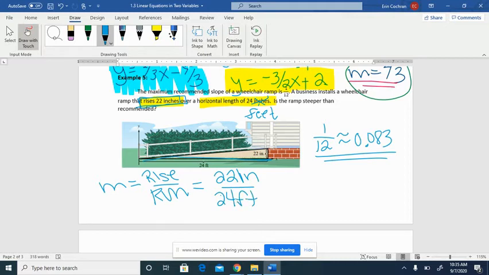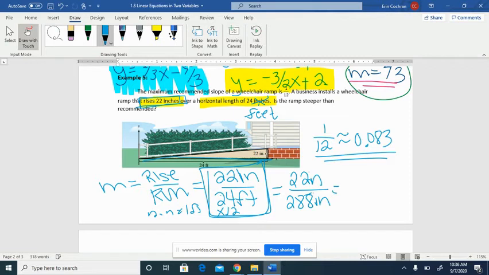Now, to be able to simplify this, we need to have the same units. So 22 inches over 24 feet, there are 12 inches in 1 foot. So we're going to take 24 and times it by 12, which we get 288 inches.